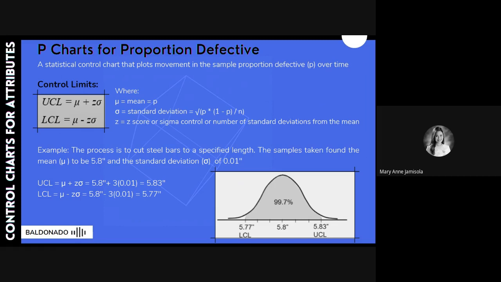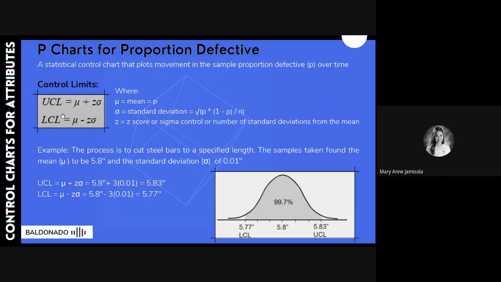Now, what is the use of a P chart? A P chart measures the proportion that is defective. This is a statistical control chart that plots movement in the sample proportion defective, designated as P, over time.